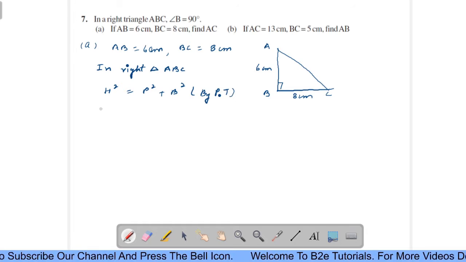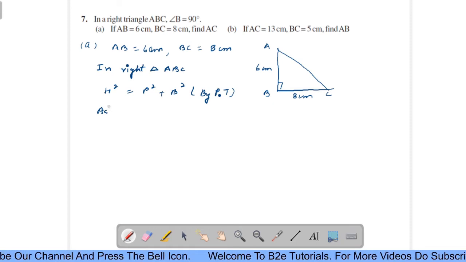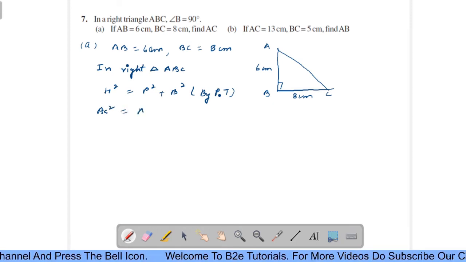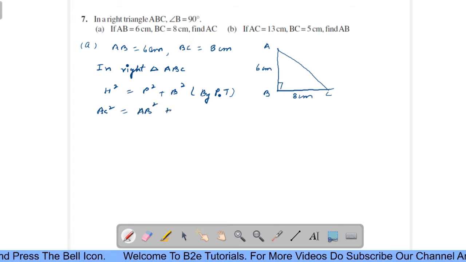Here what is the hypotenuse? AC. Here AC square equals perpendicular, it is AB, and base, it is BC.